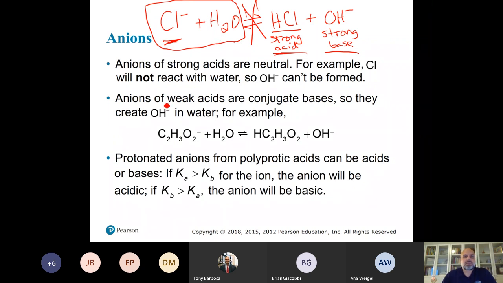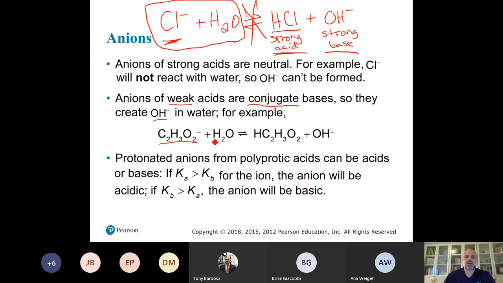And thus, the anions of any weak acid, on the other hand, are conjugate bases, so they're going to create hydroxide in water. For example, we take the acetate ion.